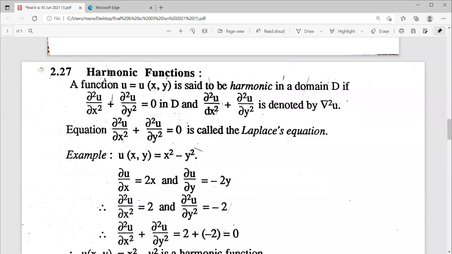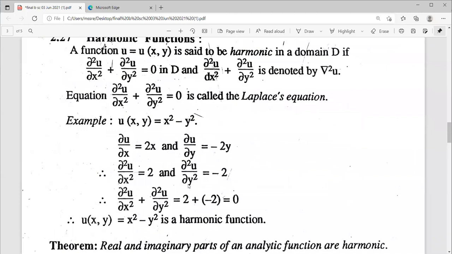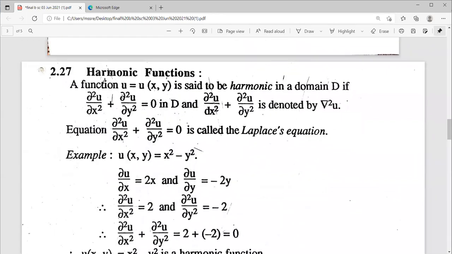What the definition states is, a function u equals u of xy is said to be harmonic in a domain D if the second order partial derivative of u with respect to x plus the second order partial derivative of u with respect to y equals 0 in the domain D.